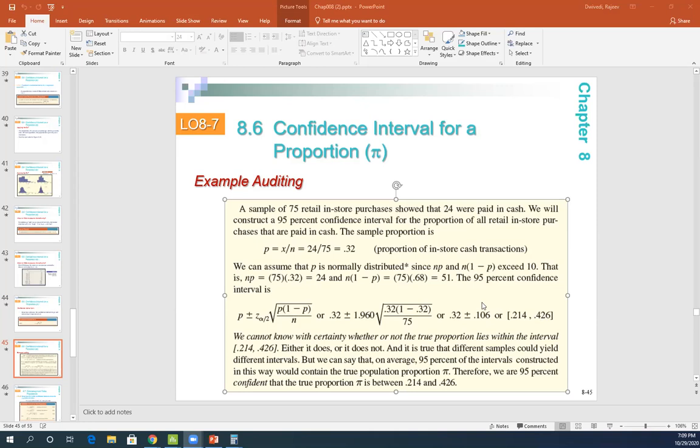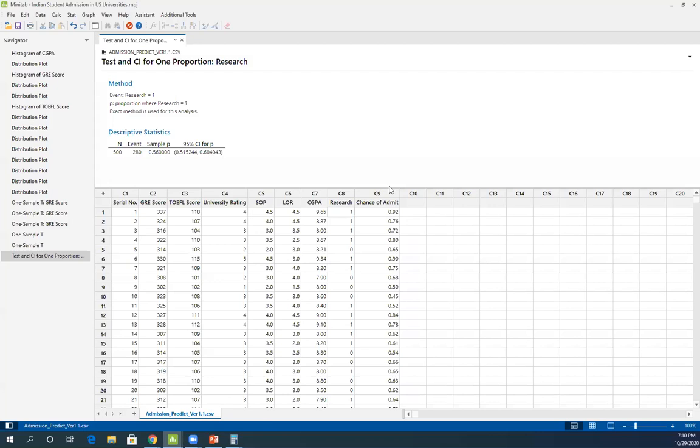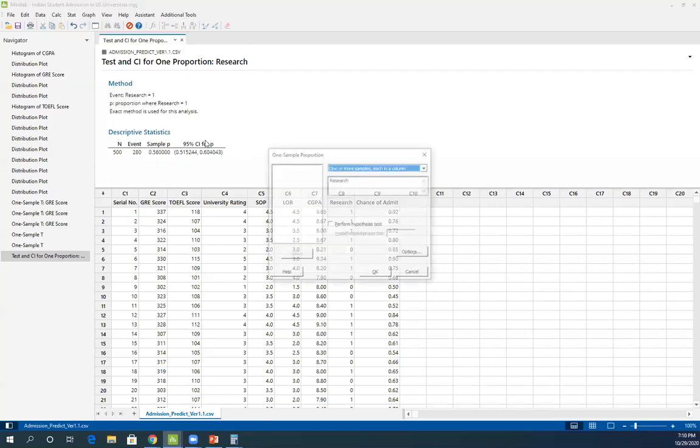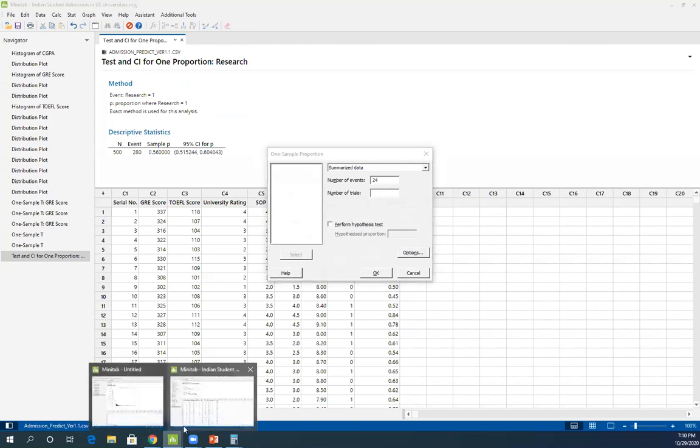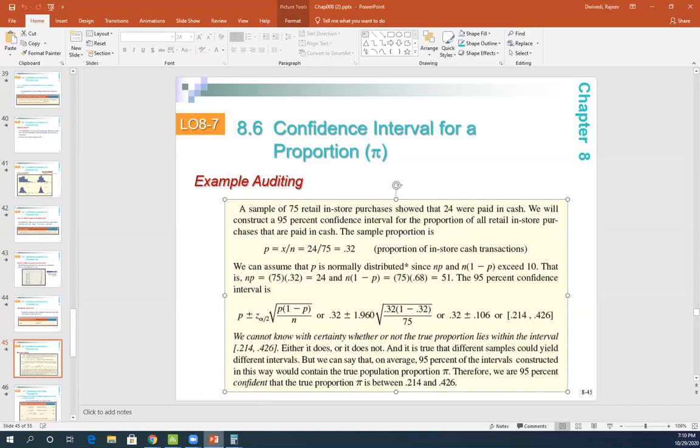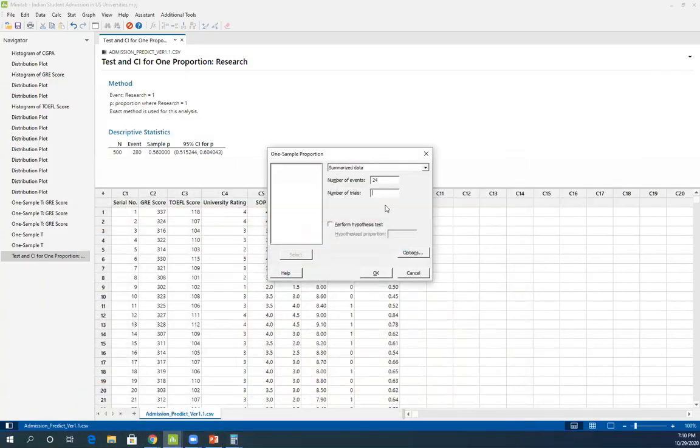Same example, if I would like to do it in Minitab, I just go here, Stat, Basic Statistics, One Proportion, and I take summarized data. Number of events is 24. What is the number of trials that were done in total? 75.